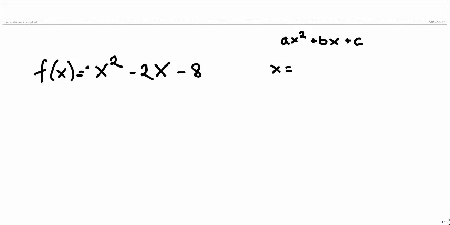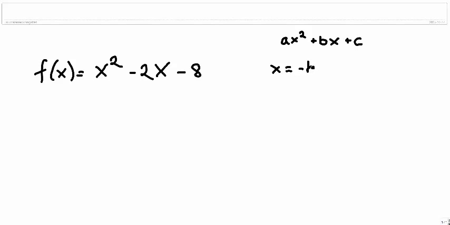In this case, the a term is in front here. We don't really see it, but it's a 1 times x squared, but we don't write it. Since it's just a 1, it doesn't change anything. So in this case, a would be 1, b is equal to minus 2, and then c is equal to minus 8.